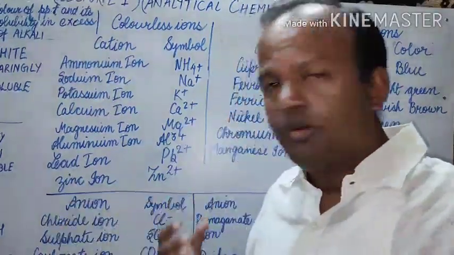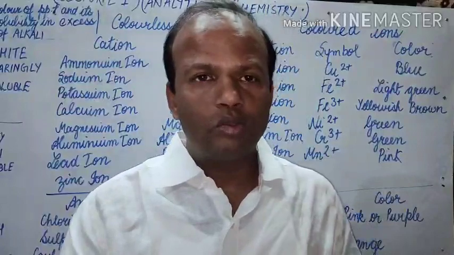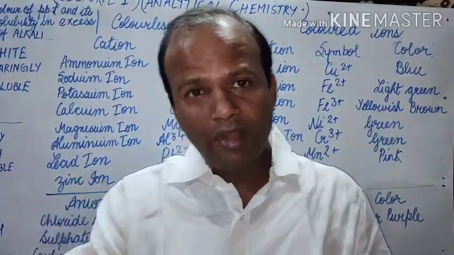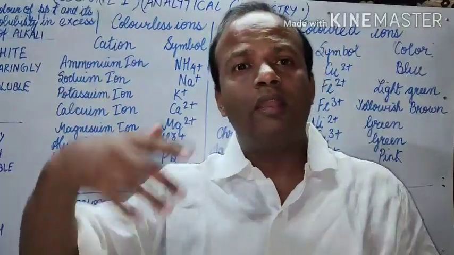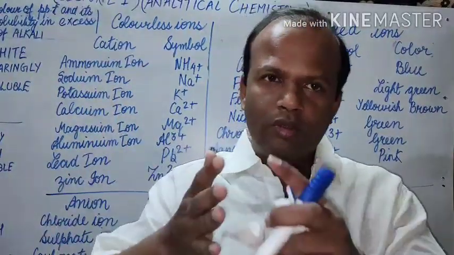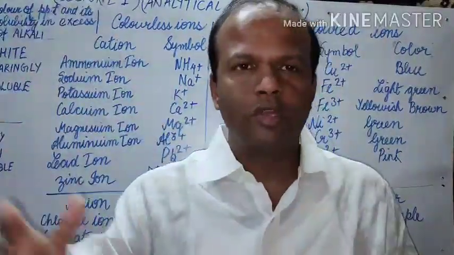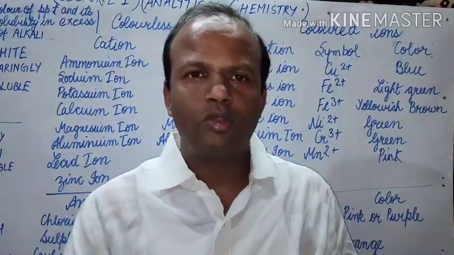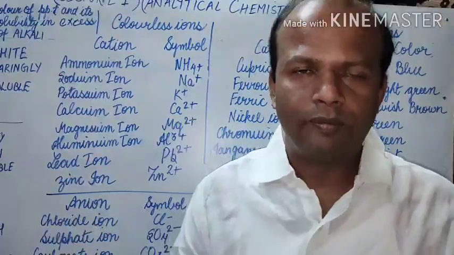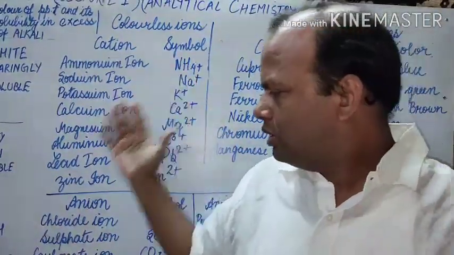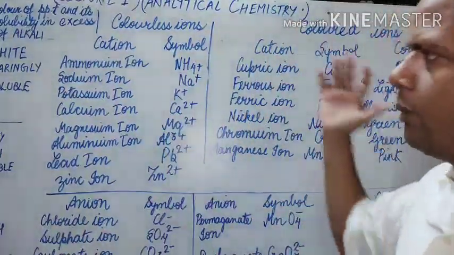Suppose we are getting two or three white precipitates. That's why the test is done first drop by drop and then in excess. So there is further distinguishment between them, if you get a precipitate of the same color. This part you have to just cram.